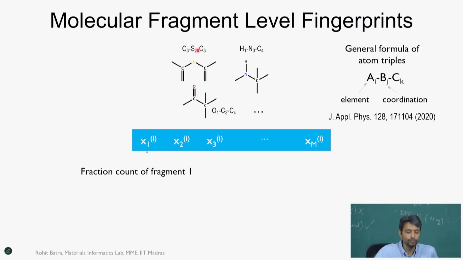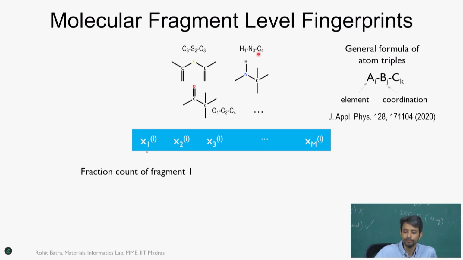S2 means sulfur is having 2 bonds, both single bonds, and then C3 again means 1 double bond and 2 single bonds. So the coordination of carbon should be 3. In this case, H1N3C4, hydrogen will obviously be 1. N3 means there is no double bond associated with nitrogen because all 3 bonds are available, and C4 means that carbon is also all single bonded because 4 bonds are available.